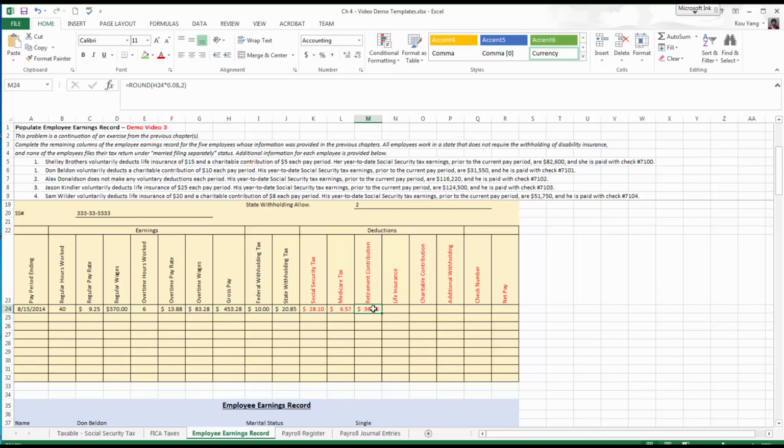That gives me $36.26. Life insurance is $15, which is stated in the problem. Her charitable contribution is $5. There are no other additional withholdings stated. Her check number is 7100.